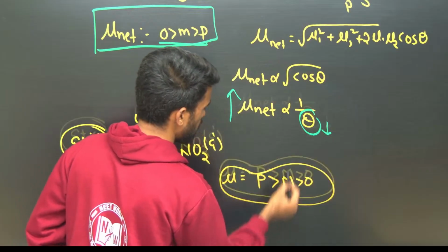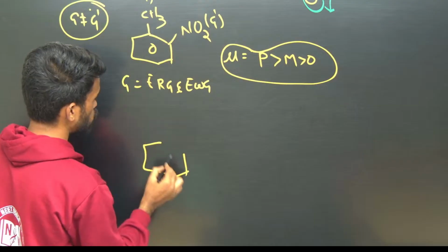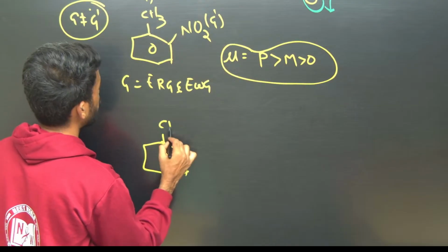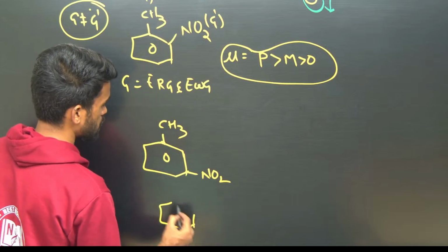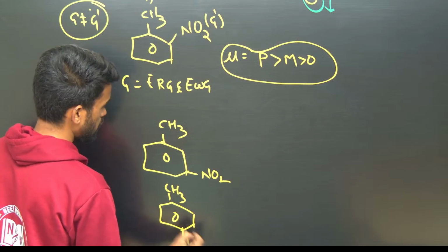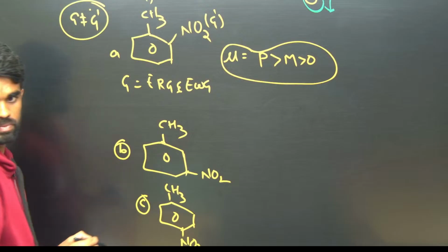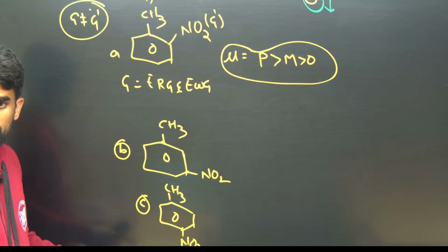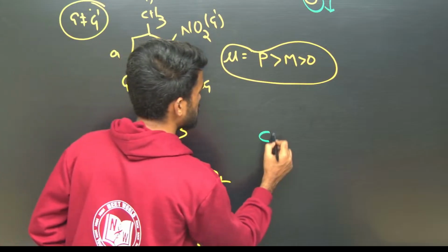PMO. What is this PMO, sir? Let us see one example. This is ortho substituted. I am giving one more, meta substituted, like this, and the other one is para substituted, like this. Tell me in this case A, B, C, what is the dipole moment order? Which is para substituted? 1,4 is called para. So this will have the maximum mu.